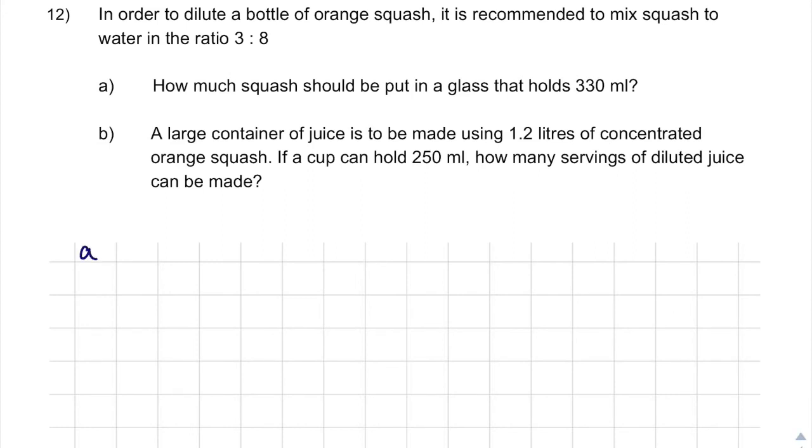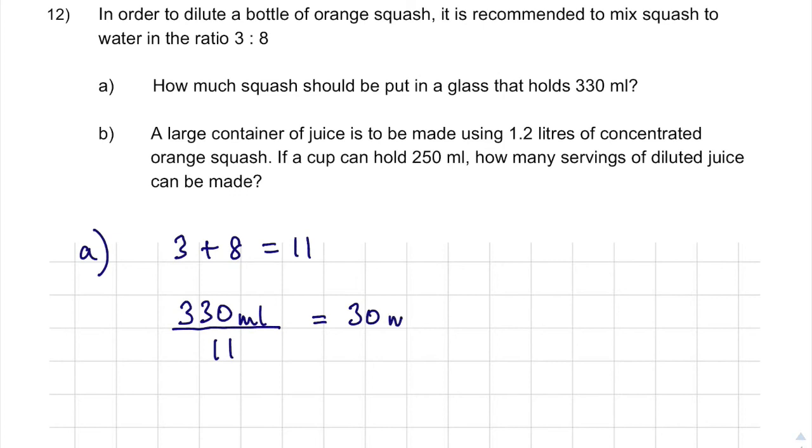Well, for part A, the first thing we need to do is find out how many parts we have. So 3 plus the 8 is 11. We then take the 330 milliliters, and we're going to divide that by 11. That would give us 30 milliliters. So each part is worth 30 milliliters.